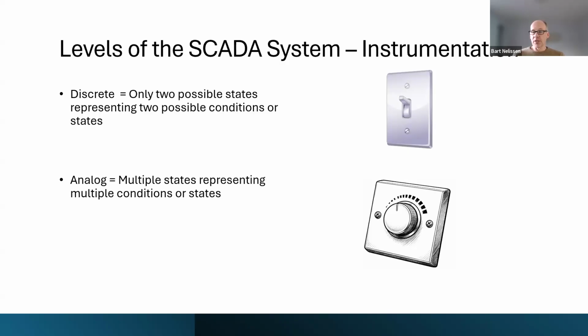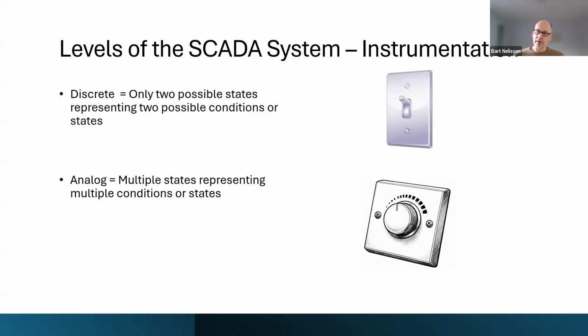So that could be, for example, a float in a wet well or in a water reservoir. Oh, by the way, I mentioned an example of a discrete input being, for example, a float that tips. An example of a discrete output could be a start command, where you send from an interface a command to start a pump.